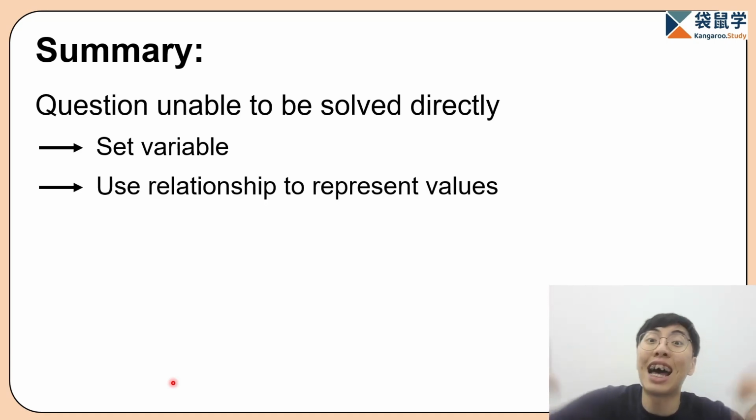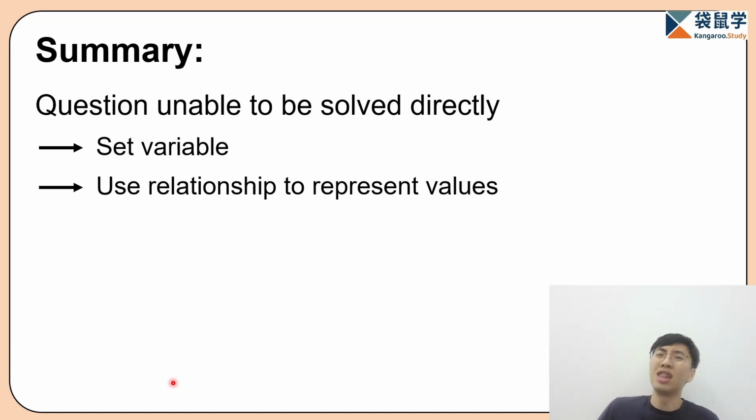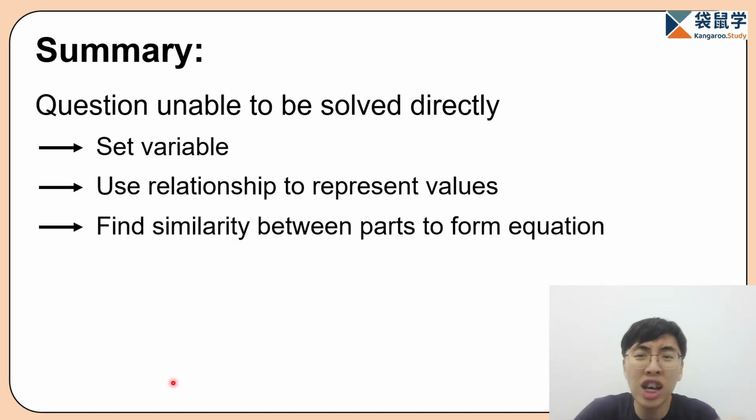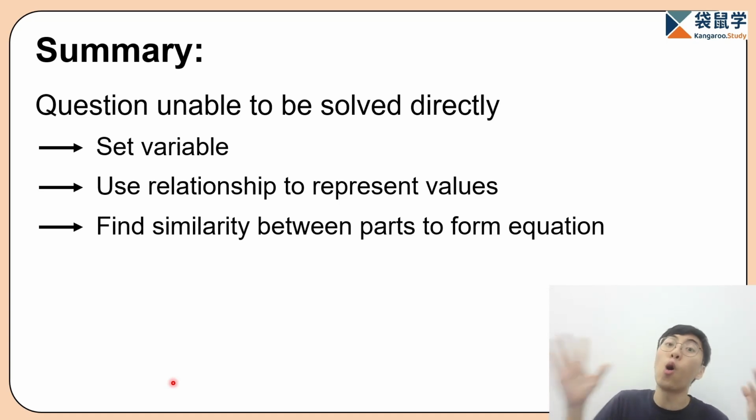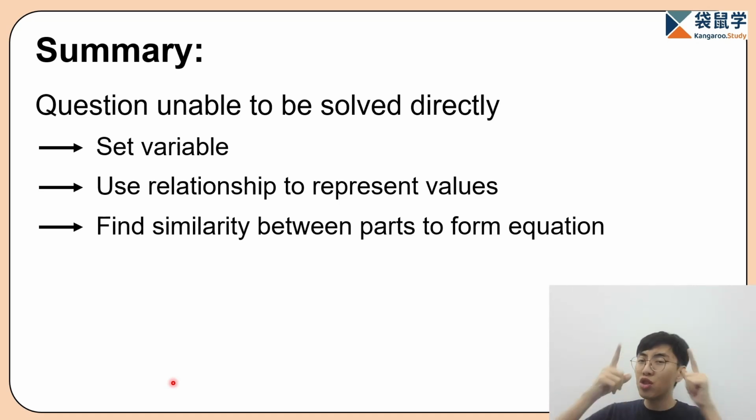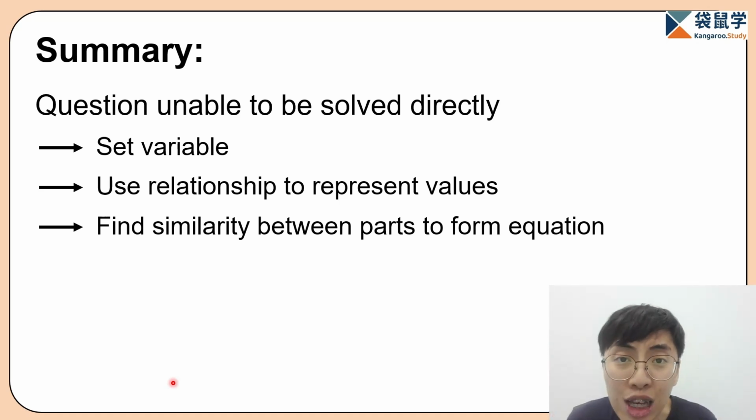We represented other parts using their relationship. And then lastly, we set the equation by using the idea of similarity. That is all that we can summarize from this question. I'm pretty sure that if you are faced with a similar question in the future, you will definitely be able to solve it. With that being said, that is the end of the explanation.